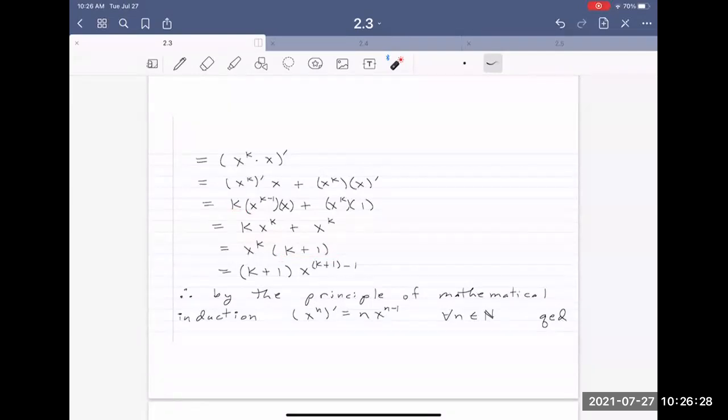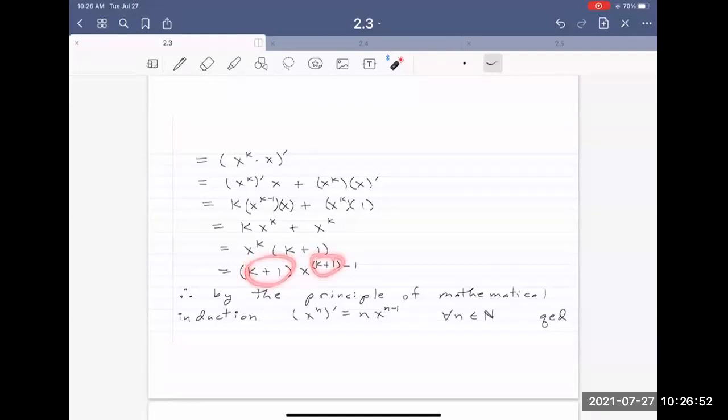Let's rewrite this as k plus 1 times x to the k, and let's rewrite k as k plus 1 minus 1. The ones cancel. And so this is equal to k plus 1 times x to the power k plus 1 minus 1.